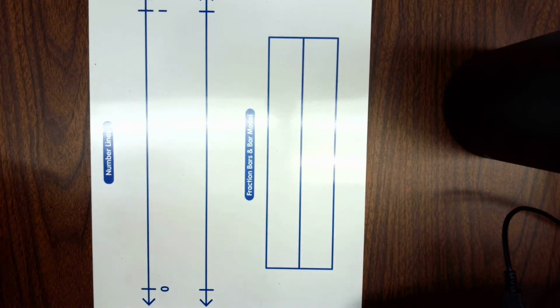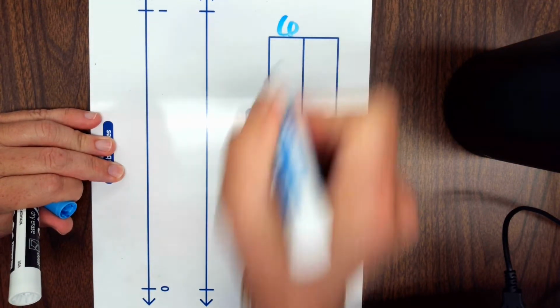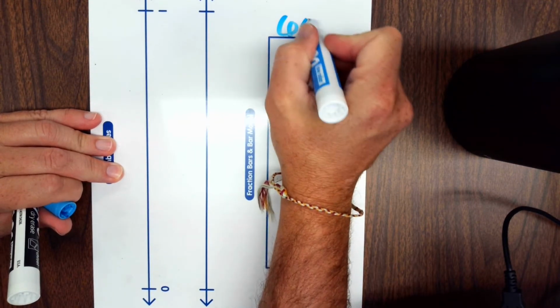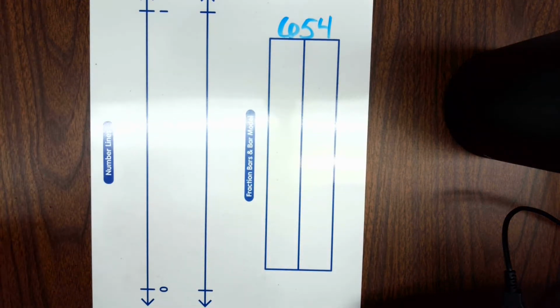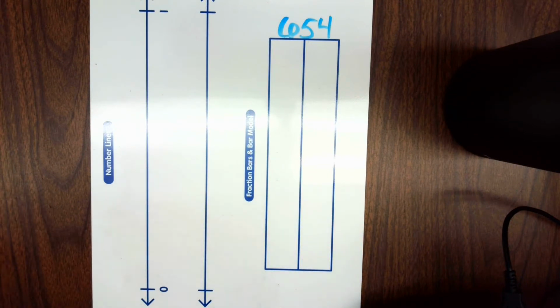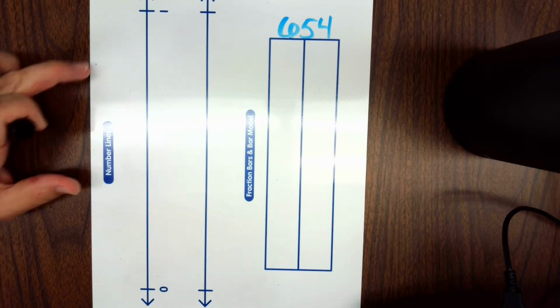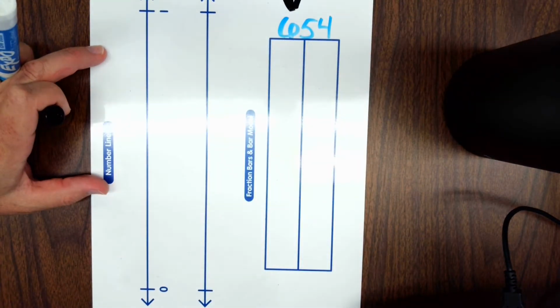Okay, the next number we're going to round is 654. And I'm just writing this over to the side to keep it out of the way and to keep my work area nice and clean. So here I'm going to start, and we're going to be rounding to the nearest hundreds place. So we're going to be rounding to, this is the hundreds place.